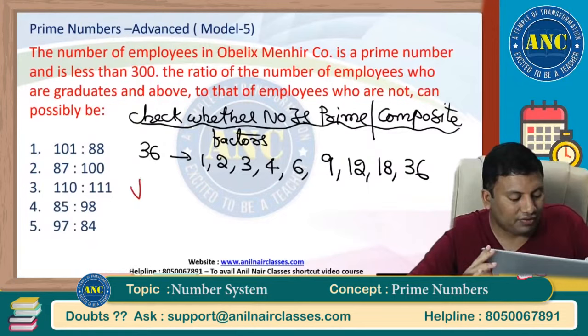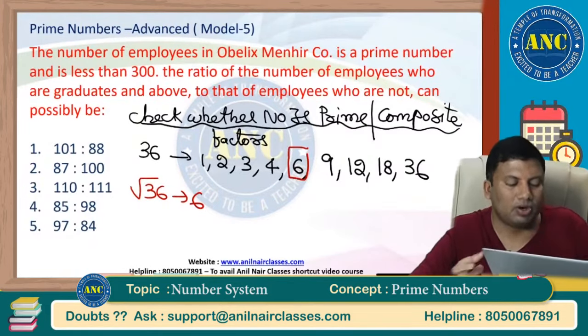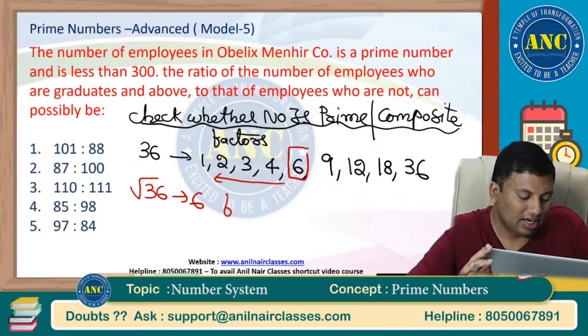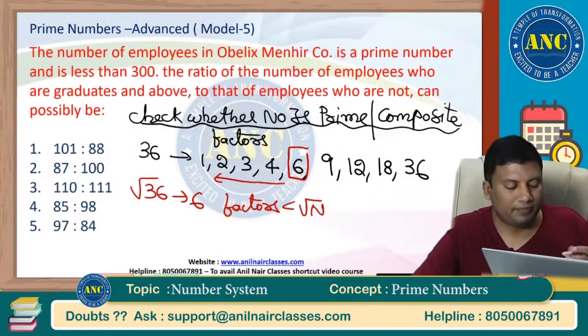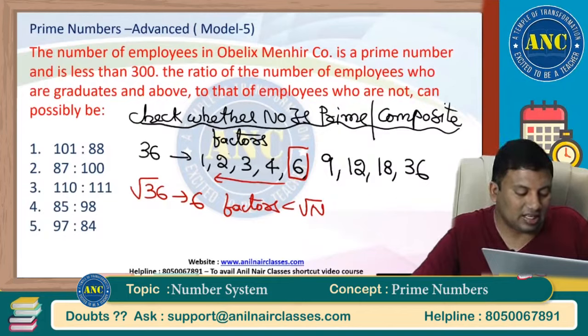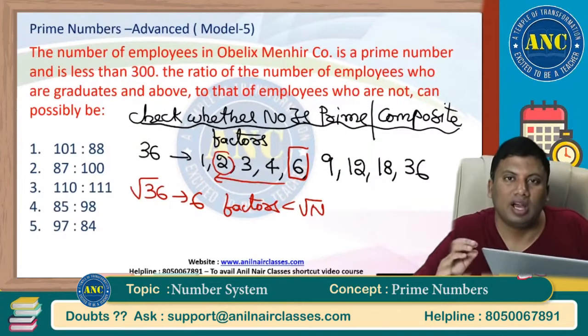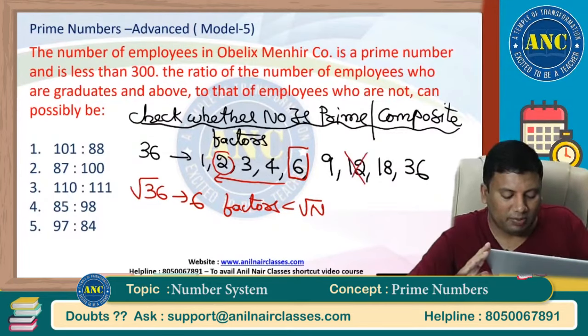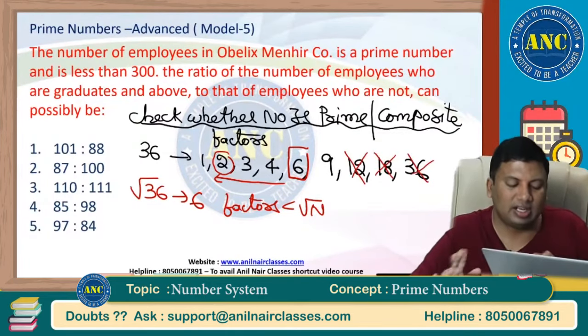Now, root of 36 is nothing but 6. So, put this in the box. Now, can I say these are all the factors less than root n. Suppose 36 is not divisible by 2, then it cannot be divisible by 12, 18, 36.